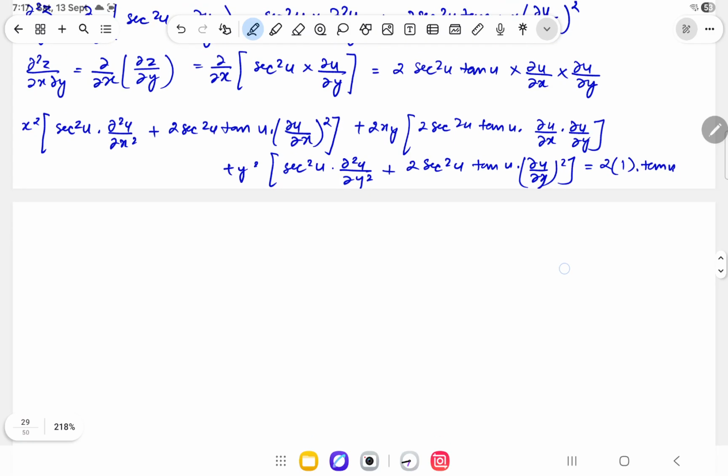If we simplify it, I will be getting sec square u into x square del square u by del x square plus y square into del square u by del y square.